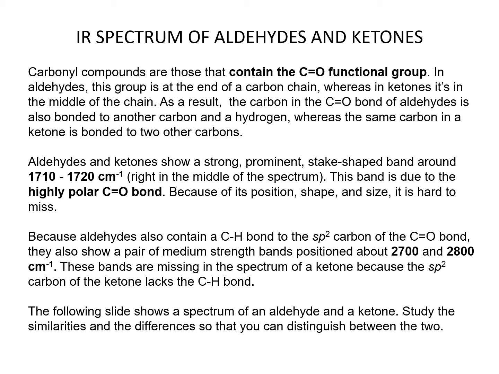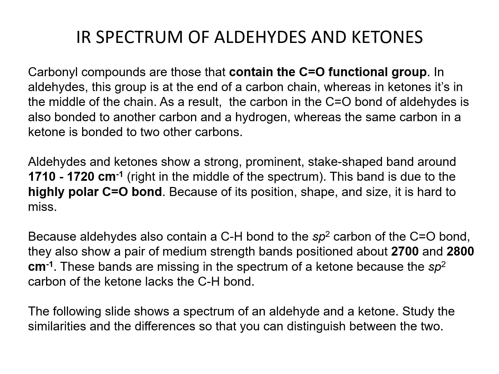So you're also going to see something like with an aldehyde, you've got a carbon-hydrogen bond, but that carbon is actually an sp2 carbon because it's got that double bond to the oxygen. It's not an sp3 carbon. Because of that, you're also going to see some medium bands around 2750 or so. That's going to tell you the difference between a carbonyl and an aldehyde versus a carbonyl and a ketone.